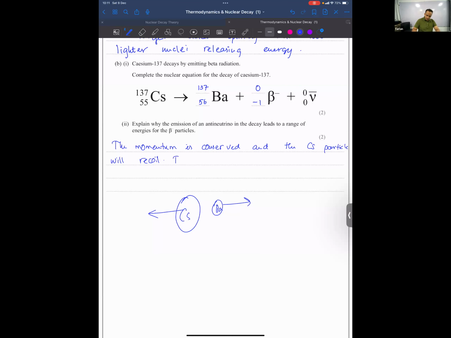The energy released is randomly shared among the three particles.